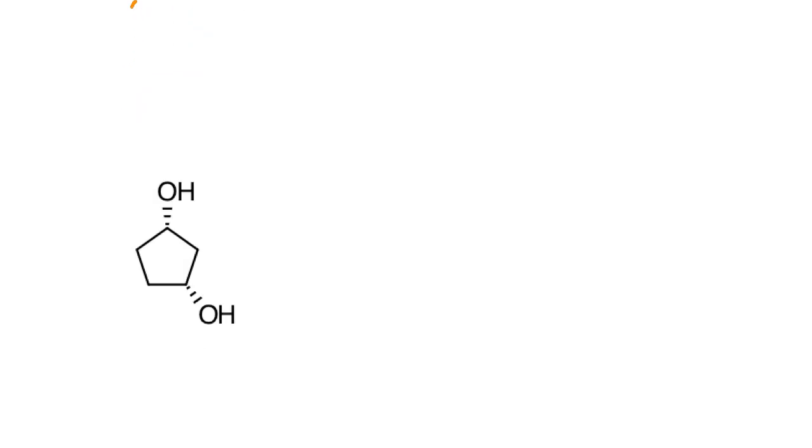So another example, hopefully this one is pretty obvious from the one up above. If I take a look at this diol compound, I can easily draw a plane of symmetry. Hang on a second, let's straighten that up some. Right through here. Right? So if I were to fold this in half along that plane, then that plane of symmetry would show that this is a meso compound.